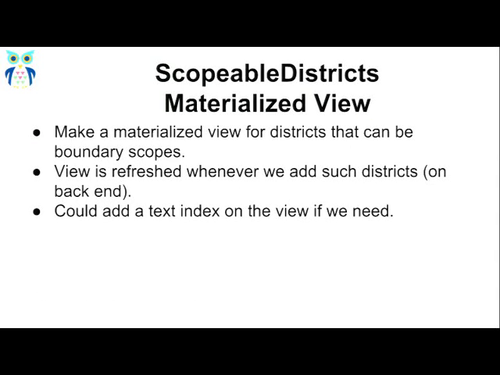So that's where materialized views are great. I have a materialized view for all the districts that can be boundary scopes, and anytime I load new districts, I just can refresh the view.